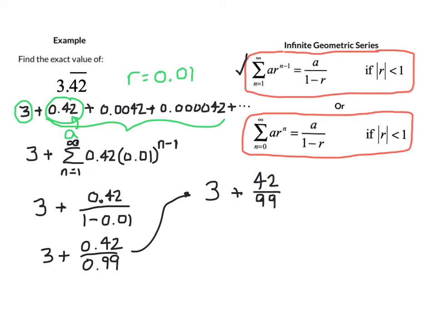And now we can prove that repeating decimals are rational numbers. That's the one that algebra students don't often believe at first when you first tell them. But this can be written as a fraction, because then when we convert 3 into the fraction with the common denominator of 99, we have 297 over 99 plus 42 over 99, and then we get the exact value of the repeating decimal, which is going to be 339 divided by 99.